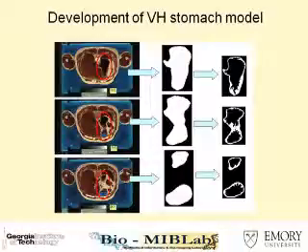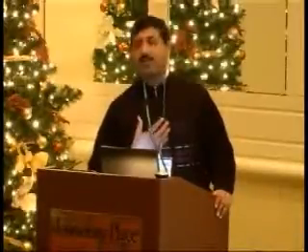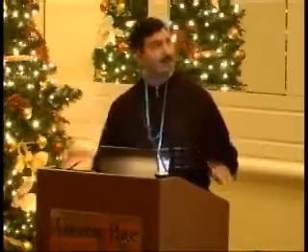First, we tried to develop a good stomach model based on the visible human data. Although the definition of the images is quite good and we can use some automatic and semi-automatic segmentation techniques, as this was only a one-time effort, we could afford to spend time on it. So we wanted to ensure the best possible model.